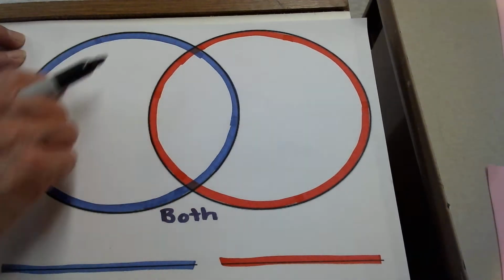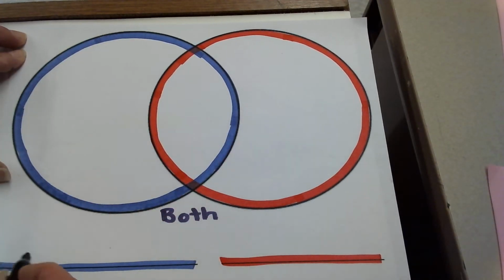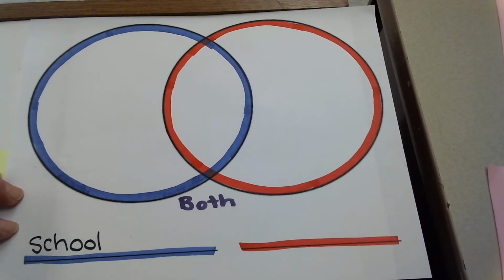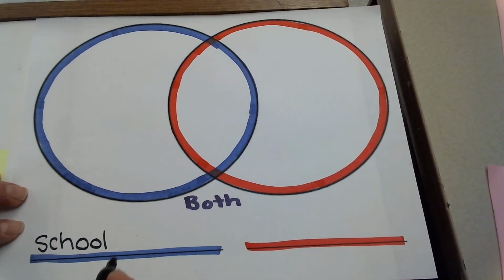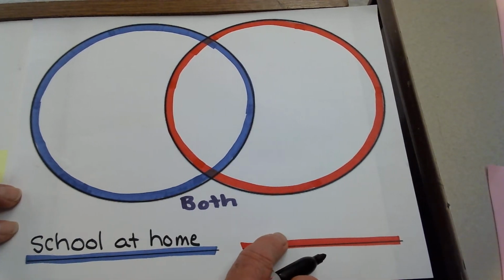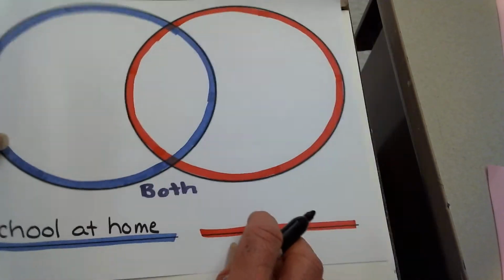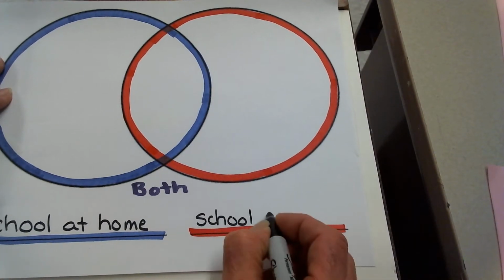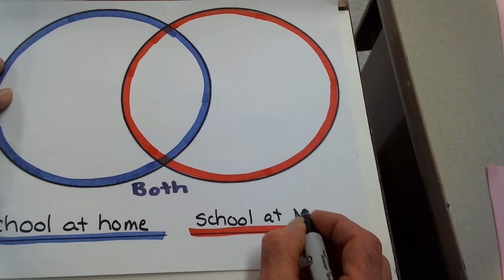So this first circle, I'm writing about school at home. I'm just planning. You don't have this planning sheet, but I'm showing you how I can plan, how I can think. School at home. And this other circle can be for school at MGS.